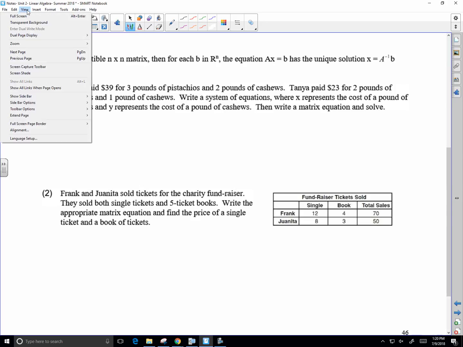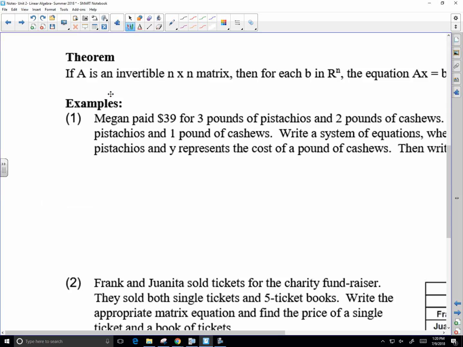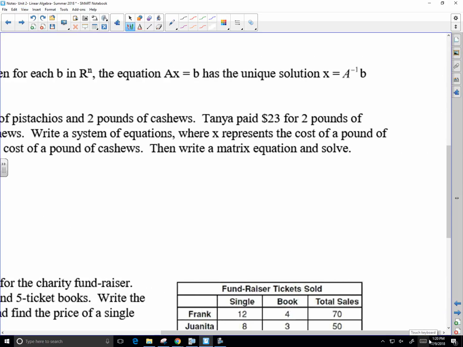So essentially it would look something like this. Let me zoom. I'll go 300. So you'd have A inverse times A times X equals A inverse times B. And then the identity matrix I multiplied by X equals, oh, sorry, A inverse B on the right-hand side.